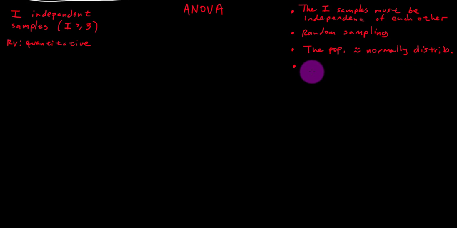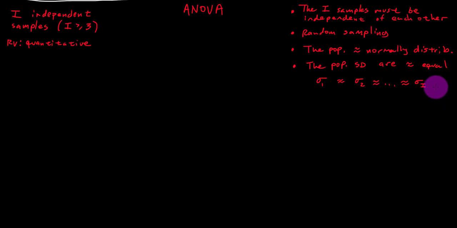But there is an additional requirement that the standard deviations for the groups must be approximately equal. So the population standard deviations are approximately equal. If there are I groups, the first group's standard deviation needs to be approximately equal to the second, approximately equal to the third, fourth, etc., to the ith group.